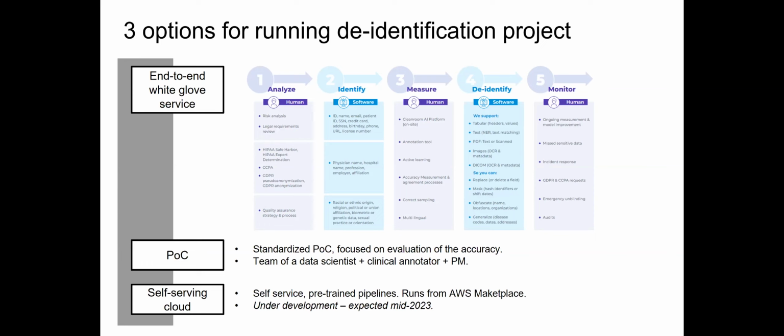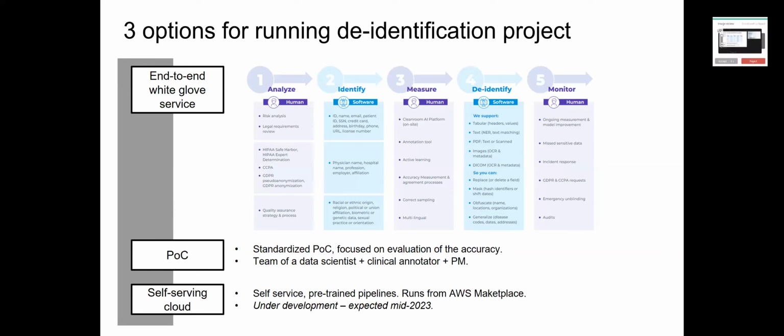Then the second option is to start with a proof of concept, mainly to show if it is doable, what the results will be, what the accuracy will be, if everything will work, etc. We did it already quite a few times, so it's a pre-prepared product.